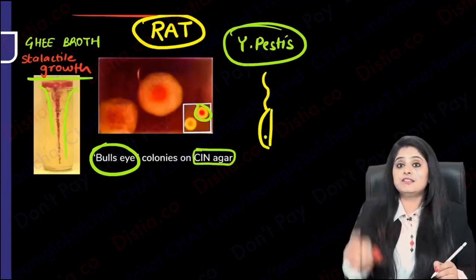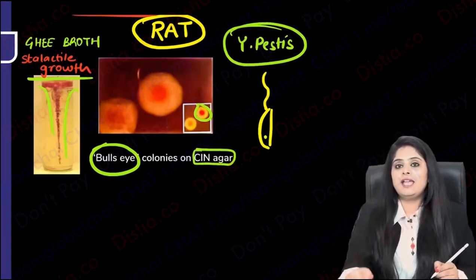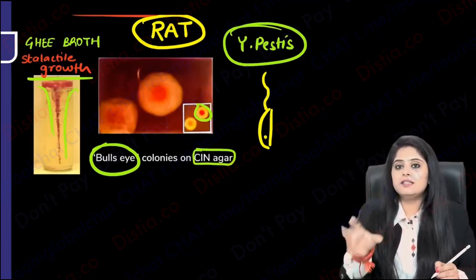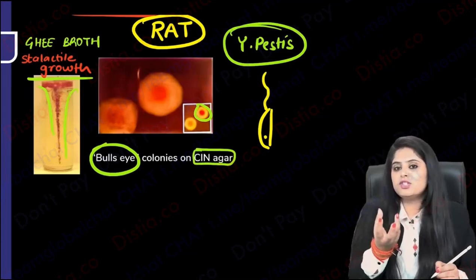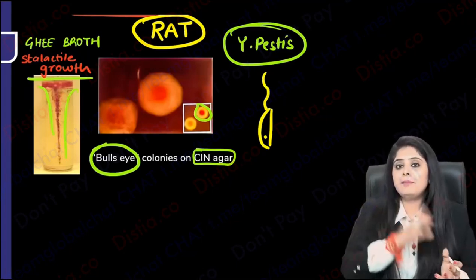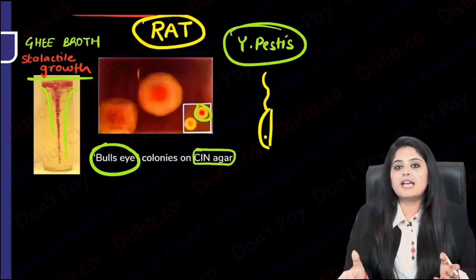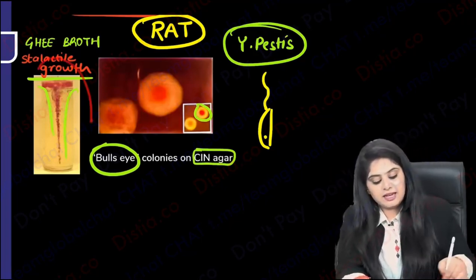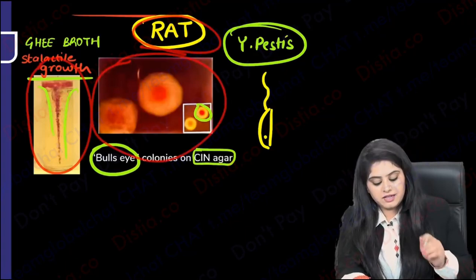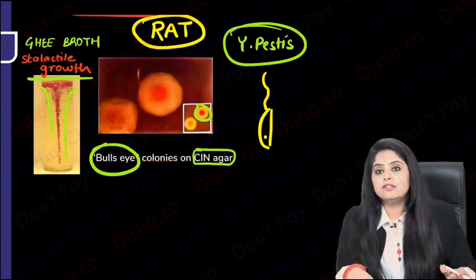So stalactite, something hanging. They always show you a hanging rat, and if they want to catch the rat, they put a cheese or something. That's how they show you for mice and all. So they put a cheese, like in Tom and Jerry, and they trap it, meaning bullseye. Bullseye for catching the rat, and hanging rat, that is, I've caught it, stalactite growth. So stalactite growth and bullseye is for the rat disease, and that is going to be your Yersinia pestis.